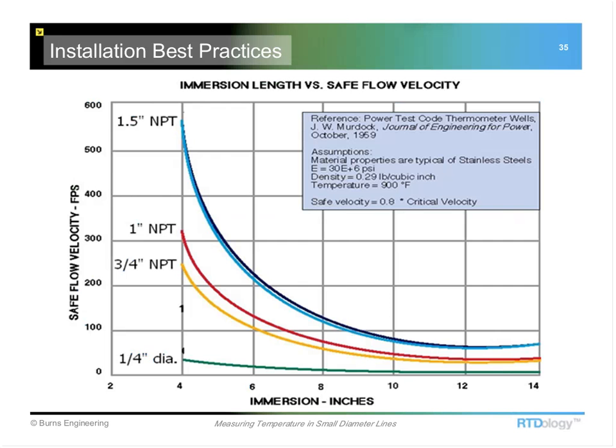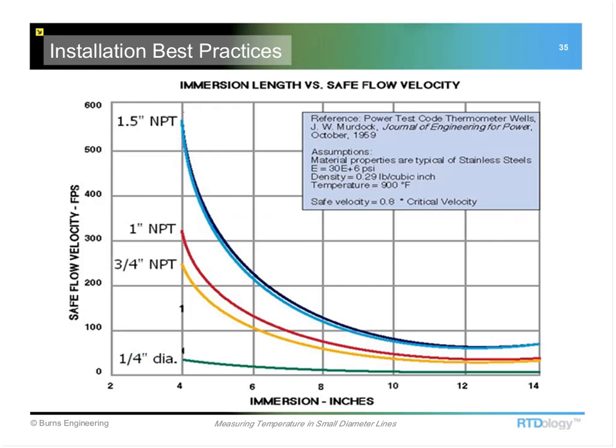I had mentioned balancing the immersion length with a safe flow velocity, because if we put a sensor in a pipeline and run a fluid past it, and if we get it at too high a rate, that probe can actually start to vibrate, or it can bend just from the drag on the probe.